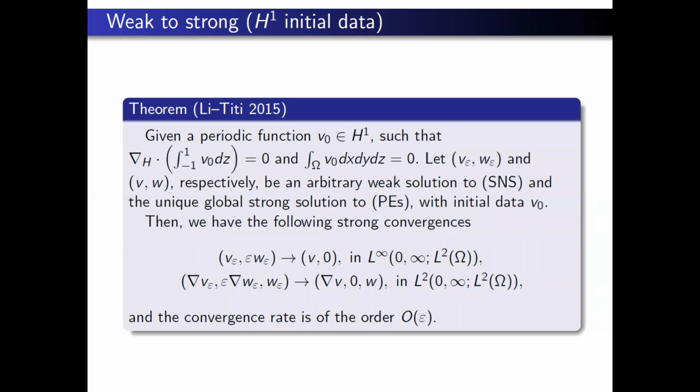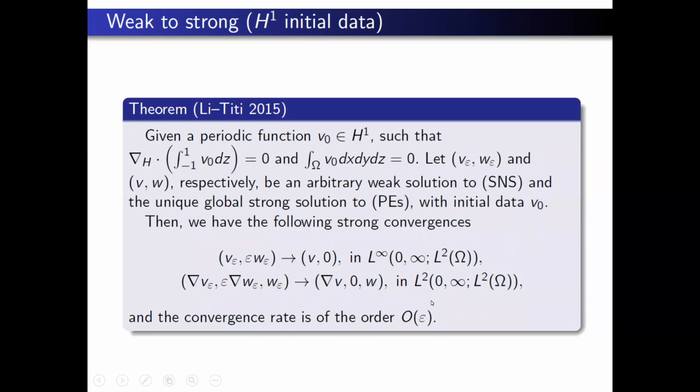Here we show that the solution V epsilon, U epsilon converges to V0 in L infinity in time, L2 in space, and the gradient of V epsilon, U epsilon converges to the gradient of V, W in L2, and the rate of convergence is of order epsilon. This is the new addition to this particular result.